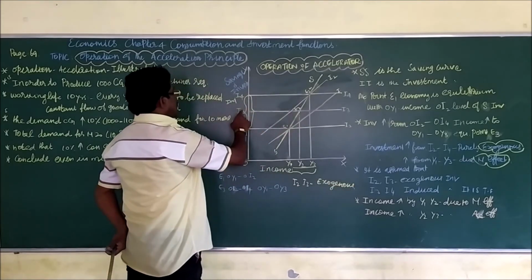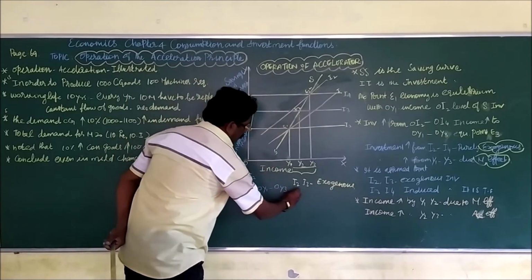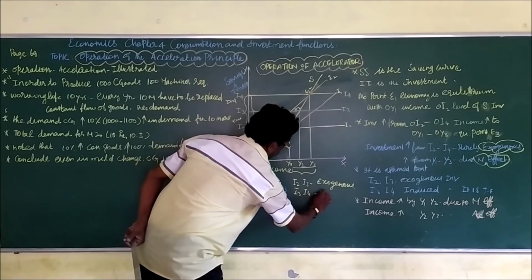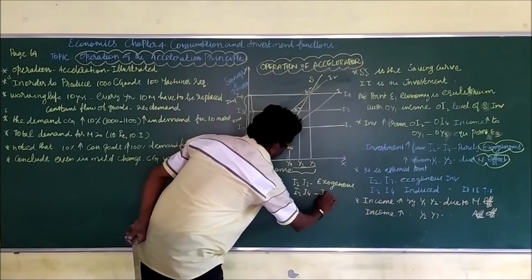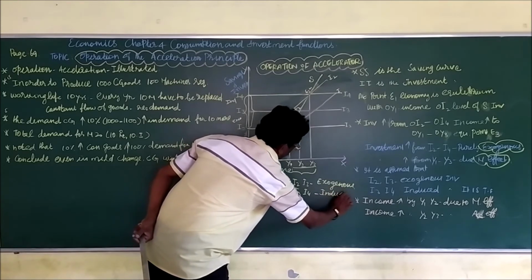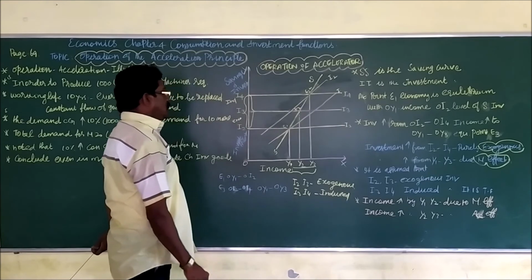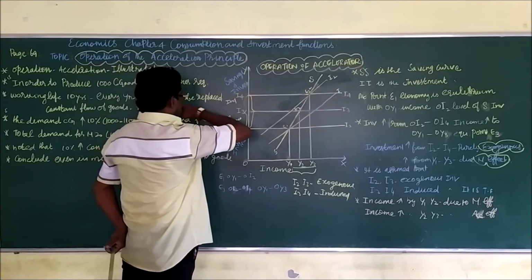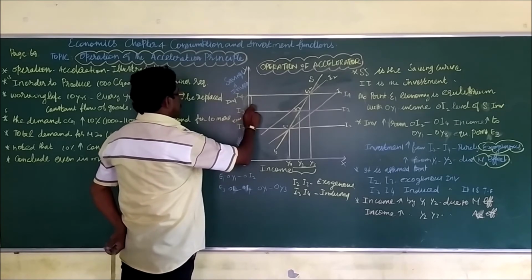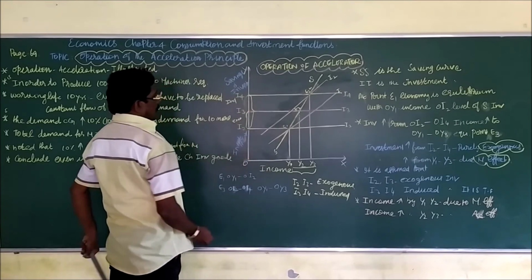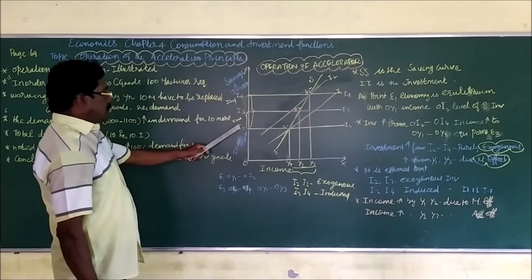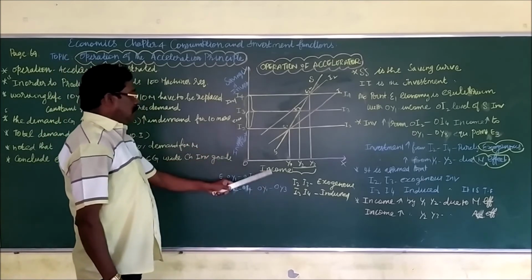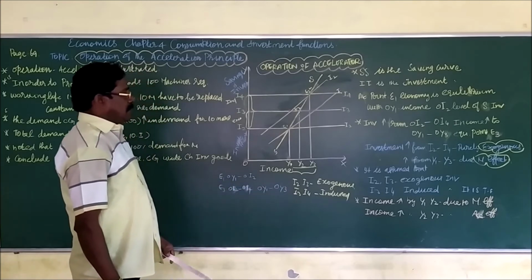You don't confuse yourself. I2 to I3 is an exogenous investment and I3 to I4 is the induced investment.